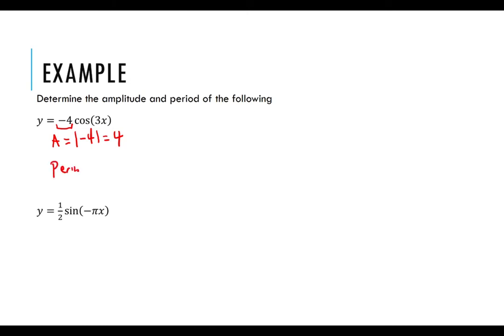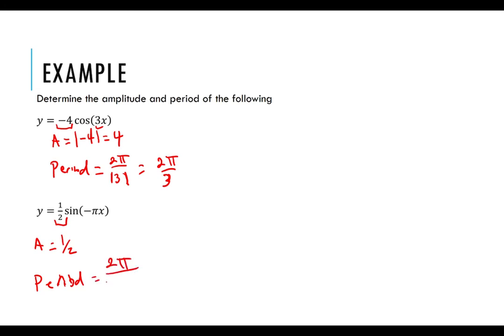Then for my period, the adjustment is 3, so 2 pi divided by the absolute value of 3 is 2 pi thirds. Then for this one, my amplitude is the absolute value of a half, or 1/2. My period is 2 pi divided by b in absolute value, so the absolute value of -pi, which means that my period is 2.